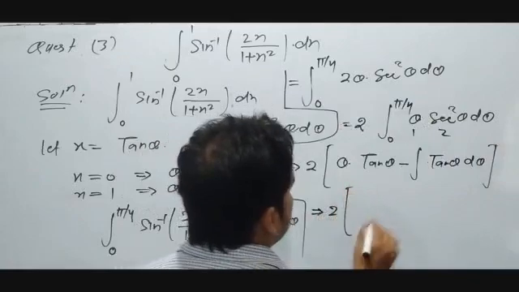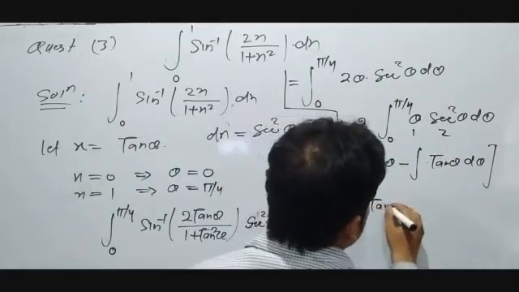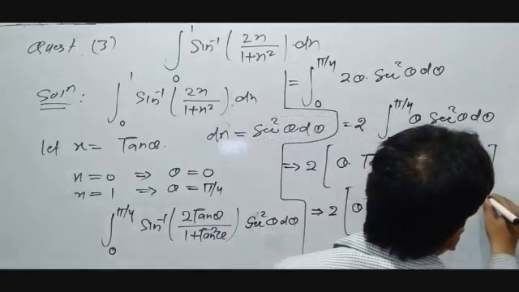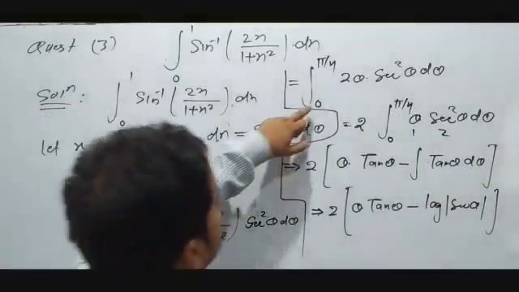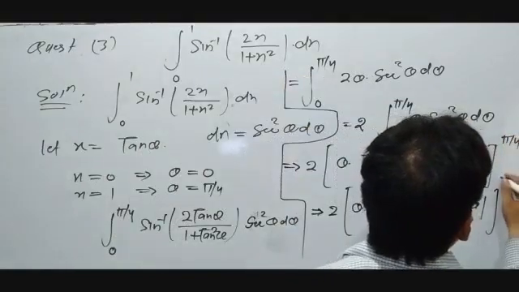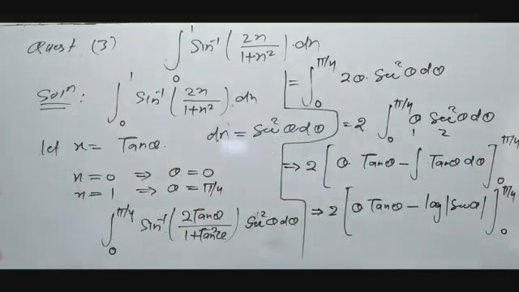And now the result will be 2 times theta into tan theta minus log of mod of sec theta, and we have to put the upper and lower values. So the upper limit is pi by 4, the lower limit is 0.